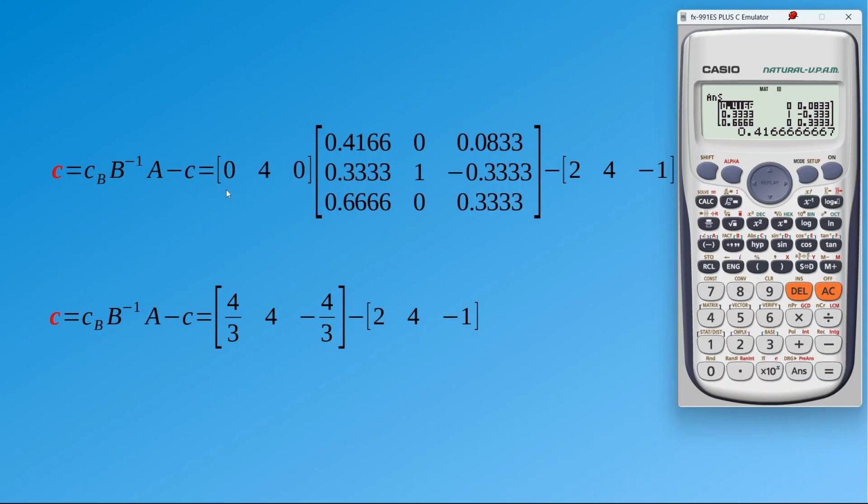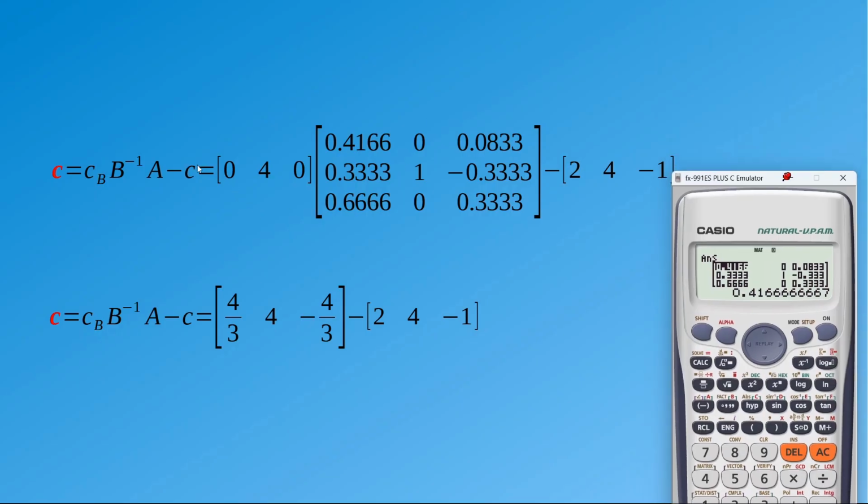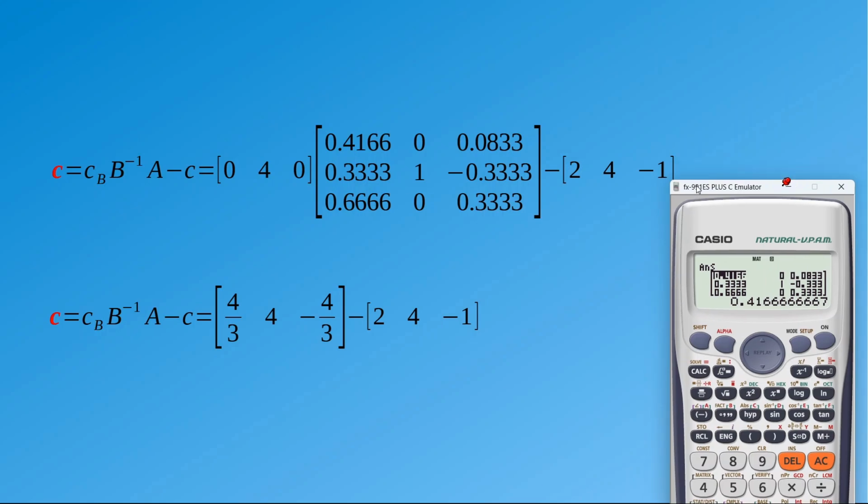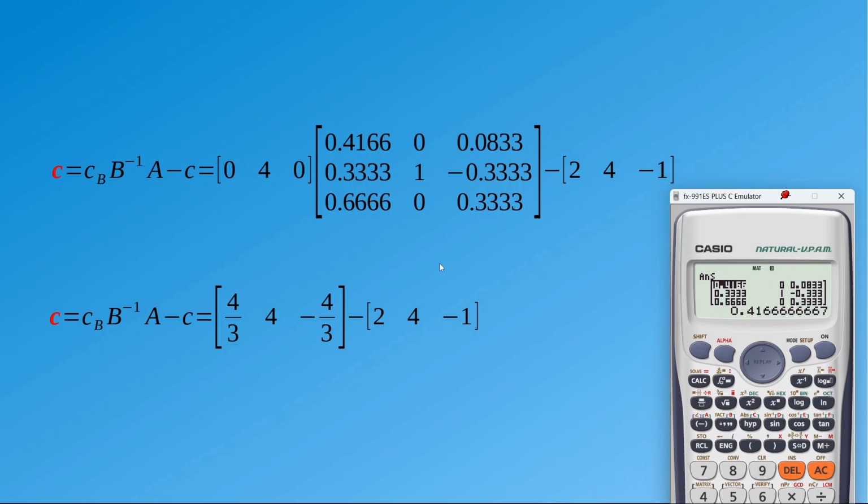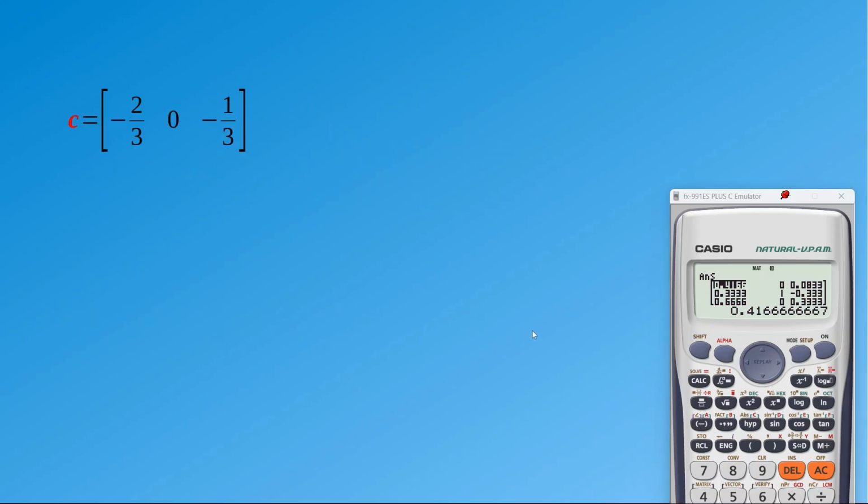We all know that if we multiply this row matrix with this square matrix, which is pretty simple, we are going to get 4 by 3, 4, and minus 4 by 3. From this, you have to subtract the original C, that is 2, 4, and minus 1. And there we are. We get the updated coefficients for row 0 for the non-basic variables, that is x1, x2, and x4.